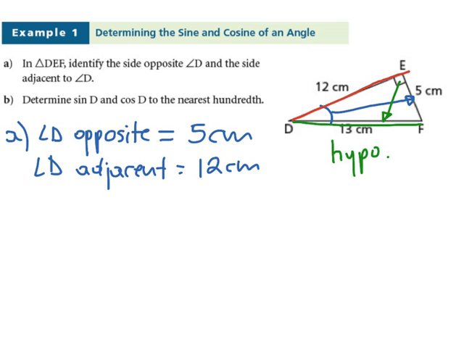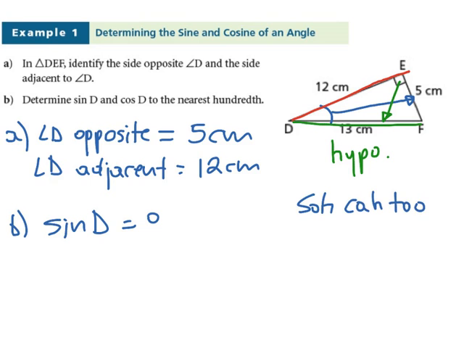Now for B, it asks us to determine sine of D. Well, using SOHCAHTOA, sine is opposite over hypotenuse. That means the opposite side is 5, while the hypotenuse side is 13.